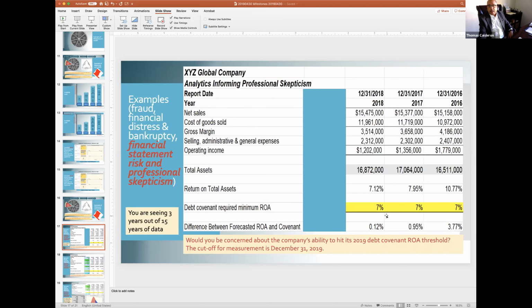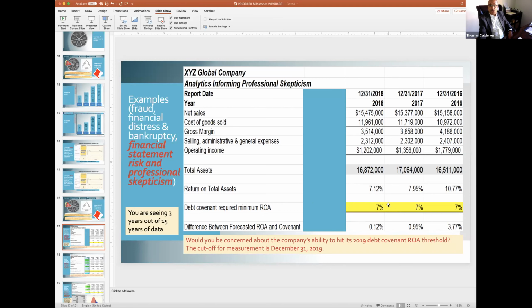So the company's debt covenant calls for a return on assets of 7%. And you can see that over the last 3 years, the company has exceeded that expected return on assets.